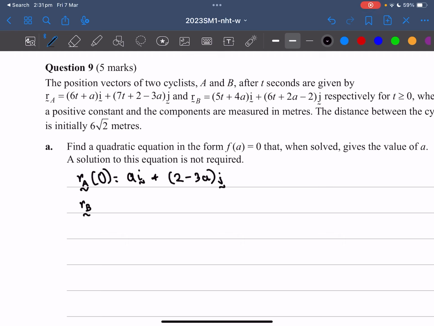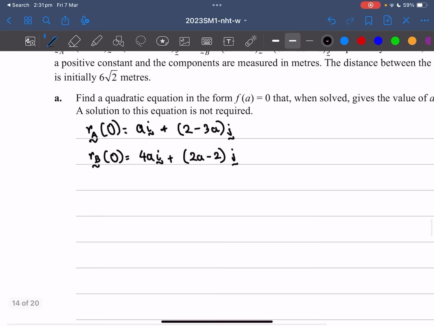And RB of 0 is equals to 4ai plus 2a minus 2j. And if I want to calculate the distance between these, we have to do RA of 0 take away RB of 0, and that is equals to 6 root 2, right?